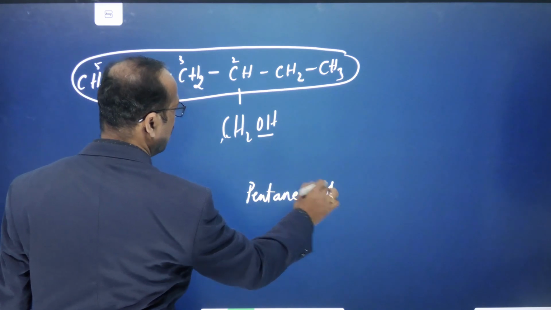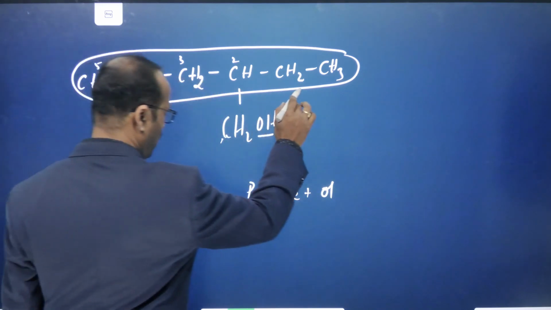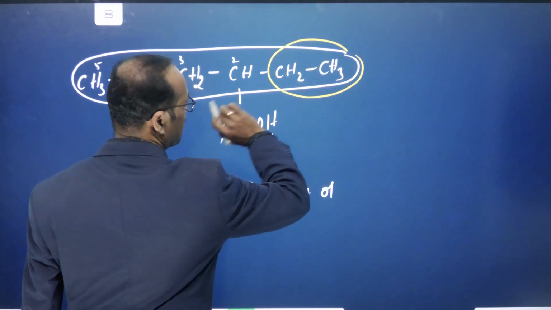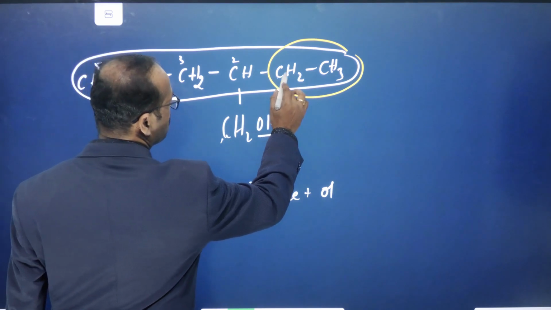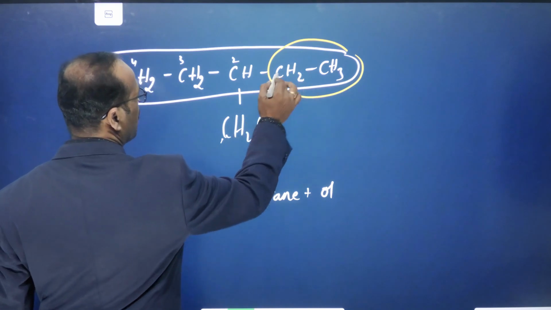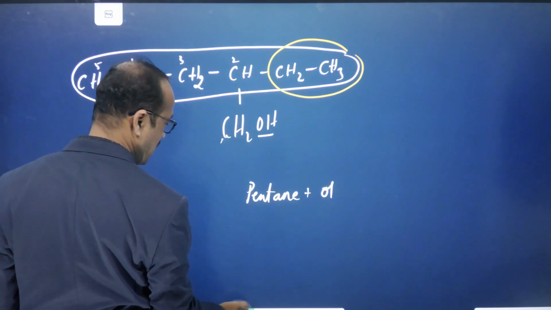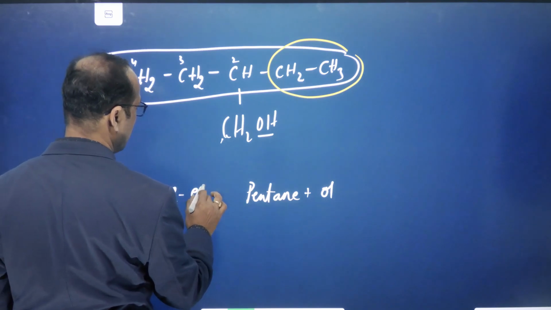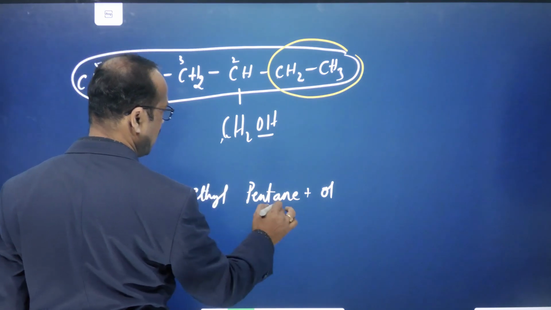So, now this is completed. Then what about this part, sir? You may ask. So, this part acts like a substituent. Now, in this how many carbons are there? 2 carbons. 2 carbons is called ethyl. And these 2 carbons are attached to which carbon? Second carbon, right? So, what you would write here as a prefix is 2-ethyl.